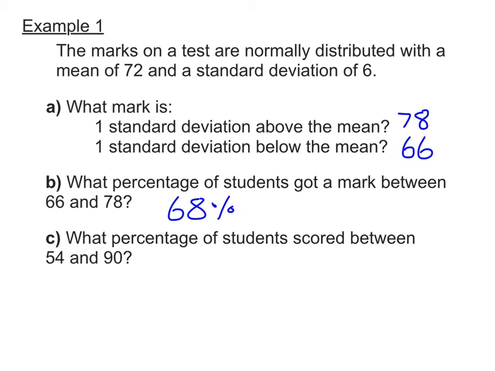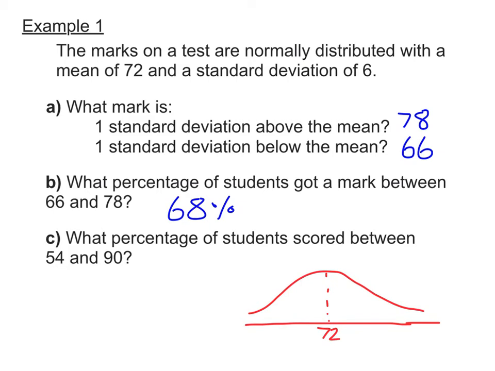The last part of this question asks us what percentage of students scored between 54 and 90. The way I like to do these questions is to draw a little sketch. So we'll draw our normal curve, and we know our mean is 72, and we need to find whereabouts these numbers, 54 and 90, lie in relation to the mean.